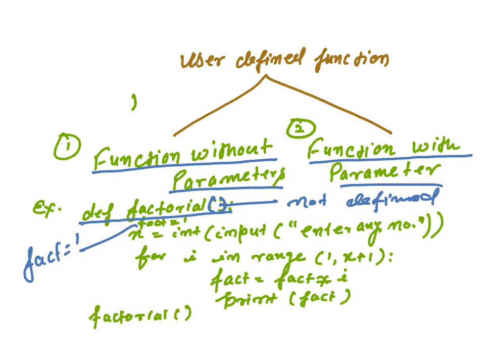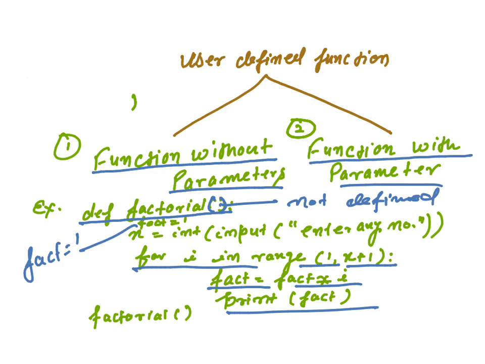As you know, in class 11th we discussed how to calculate the factorial. Once again I'm explaining it. Here you have to write for i in range 1 comma x plus 1, fact equal to fact cross i, and then print fact. If you have gone through the factorial program, then you can understand.